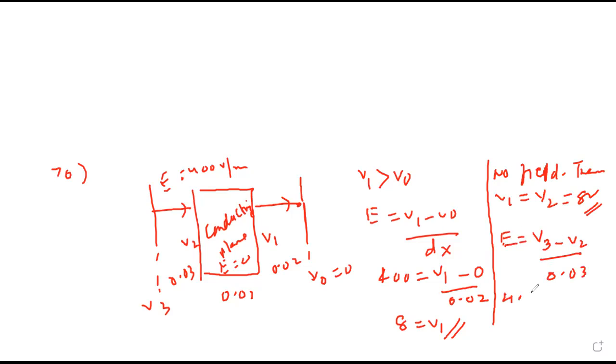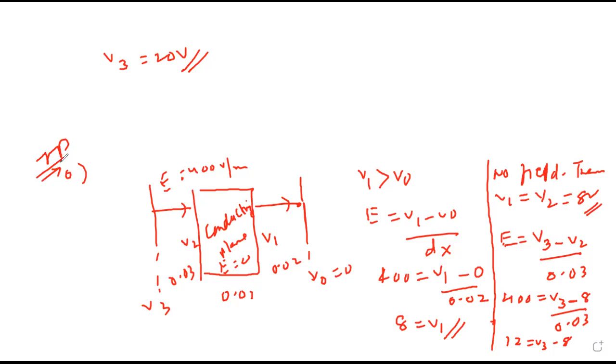So 400 is V3 minus 8 upon 0.03. So 12 equals V3 minus 8. V3 is 24. Again an important sum we did. V3 is 24. Fine.